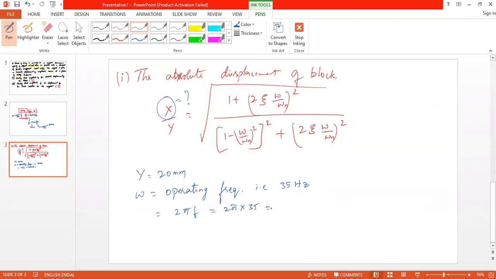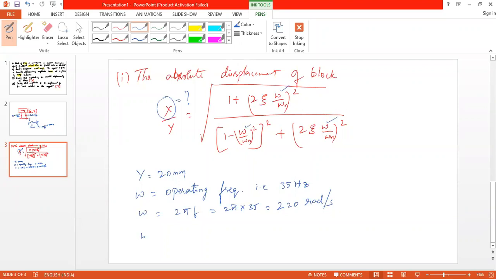What is the answer? 219.91 radians per second, or we can take it as 220 radians per second, omega. And so we got the value of omega.